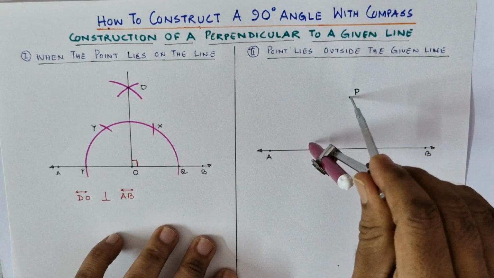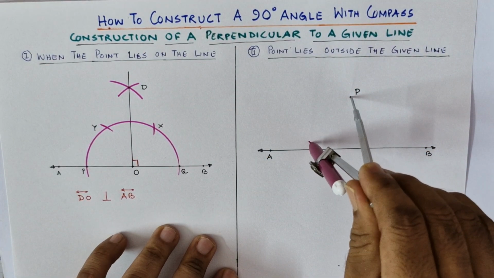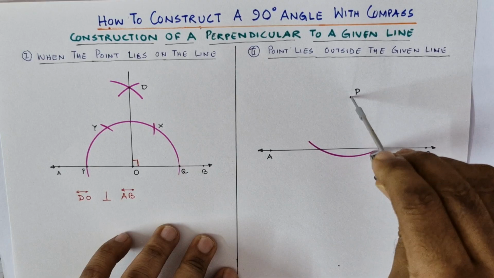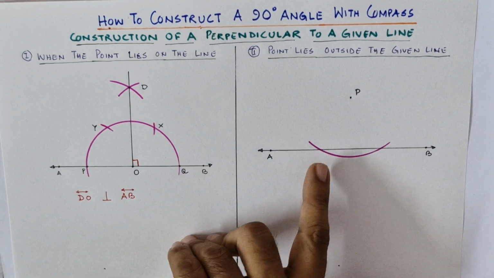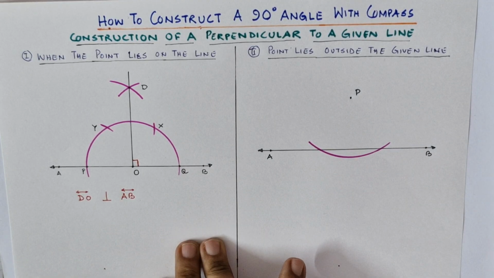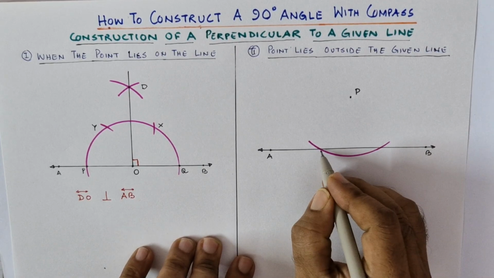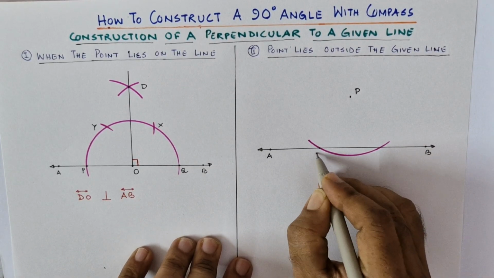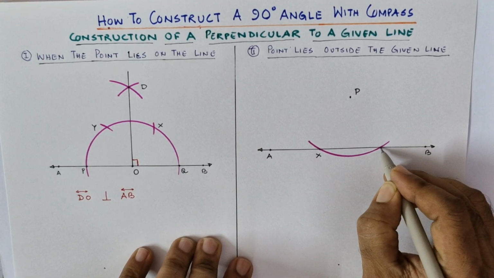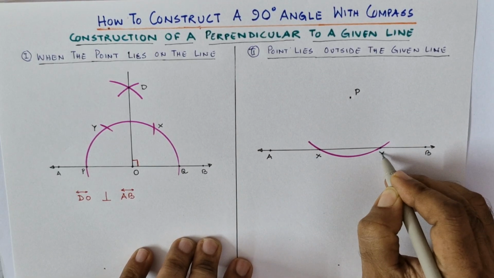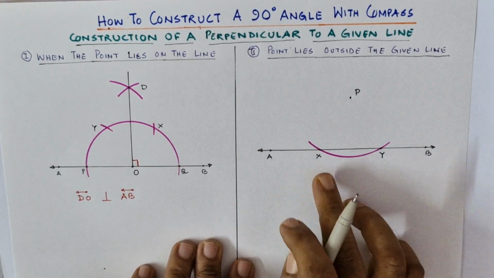We'll draw an arc cutting the line segment at two points. We'll name the intersection points X and Y.